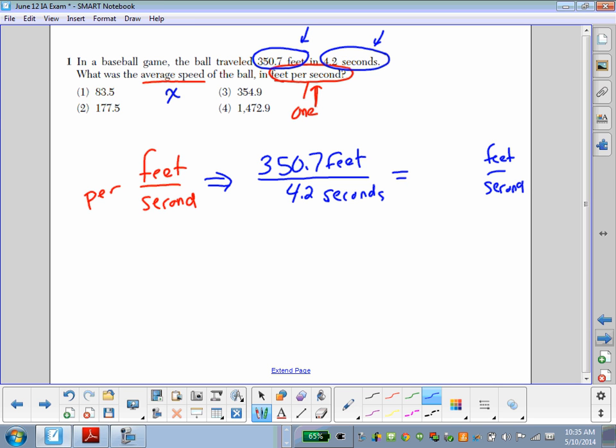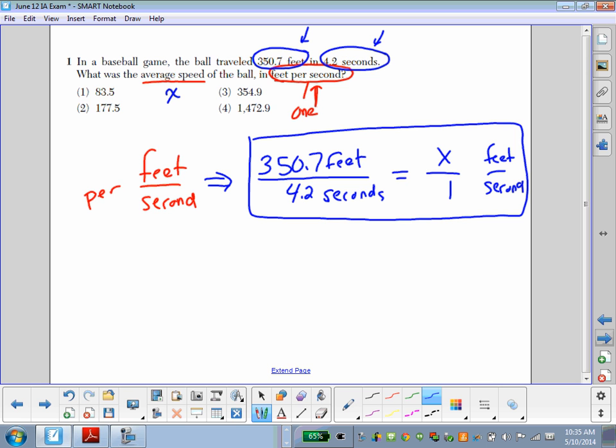I know that I'm looking for the number of feet in 1 second. So now I have a proportion in which I can cross multiply, or you can solve it other ways, which I'll show you in a minute. I'm going to rewrite this without the units to make it a little cleaner.